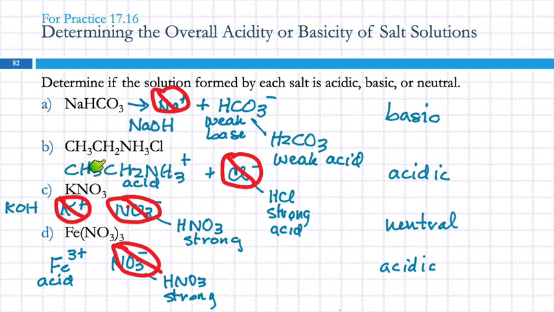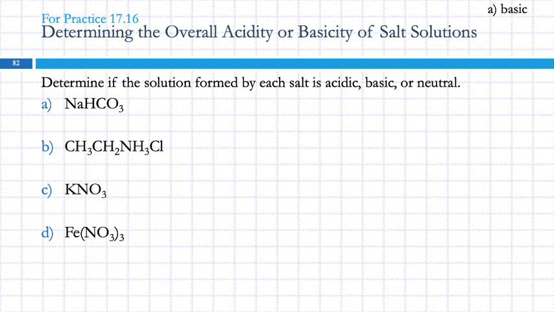But here, this is the conjugate acid of a weak base, so that is going to act as an acid. Here, its partner is strong, it doesn't do anything. Any questions? You're going to have to practice these. Basic, acidic, neutral, acidic.